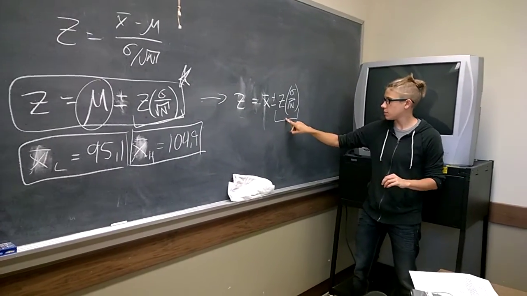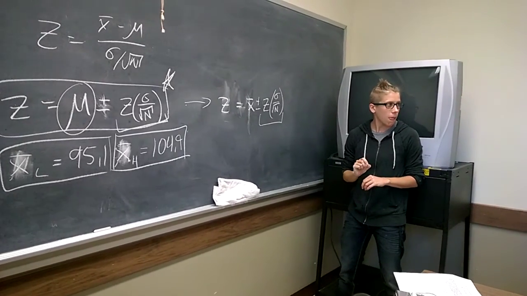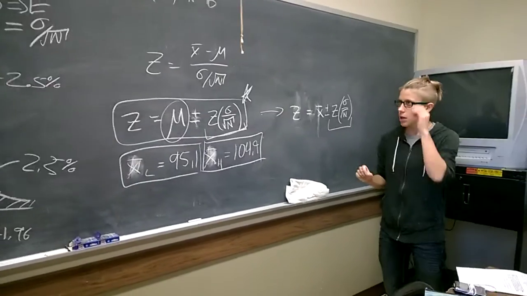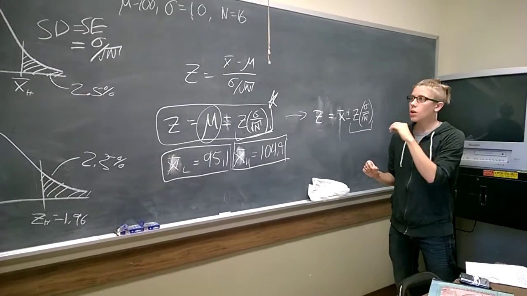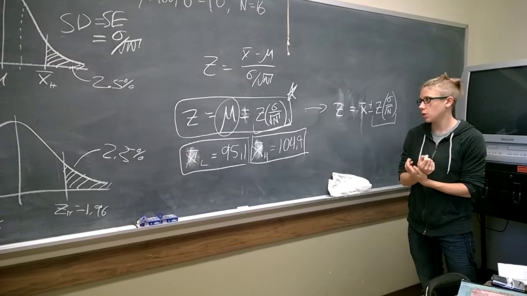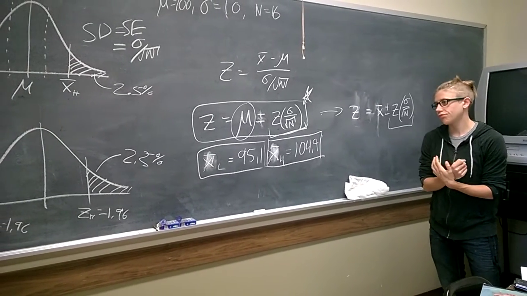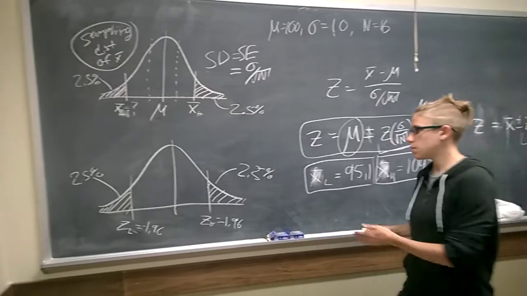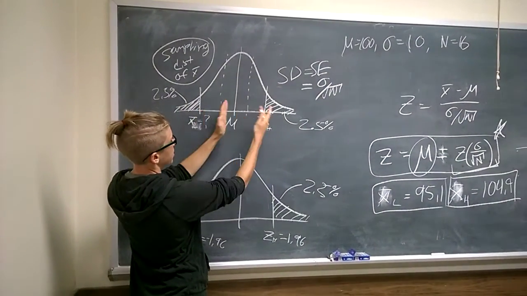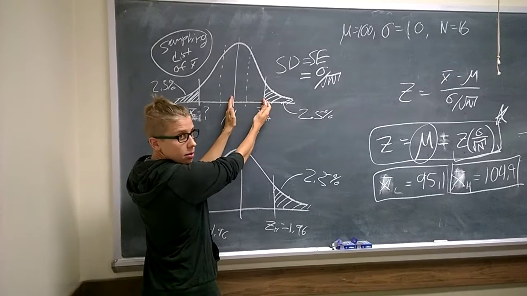No, repeat that. Why again? I missed that. I don't understand. Okay, yeah, sure. So let's look at why. The width of this interval is this distance, right? And this is half of the distance, right?